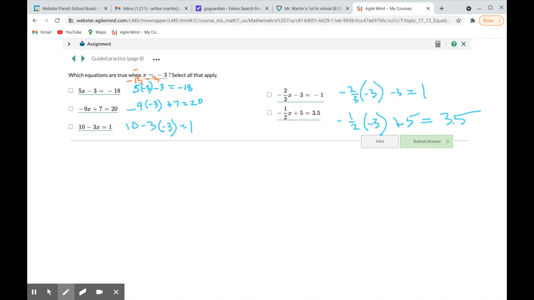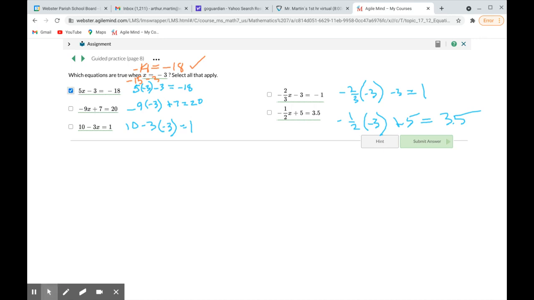If you're at -15 and you move 3 more units to the left, you would be at negative. Think about a number line. If you're at -15 and you move down 3 more places, you would be at negative what? 18. And -18, is it equal to -18? Yeah, makes it true. So that one works.